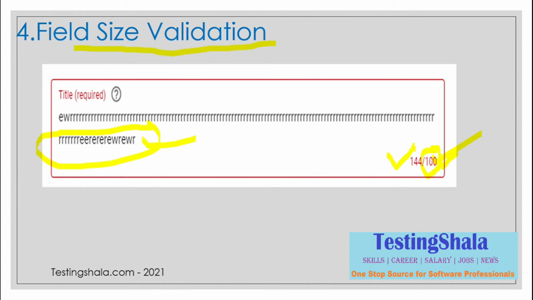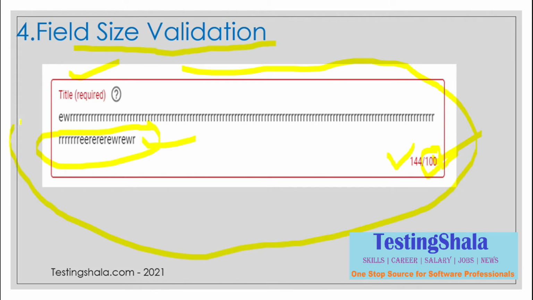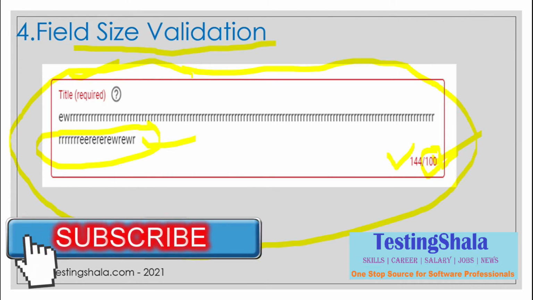Based on your requirement, you should validate whether you should give an error message, or highlight, or limit the data accepted in this field up to 100 characters. That is the field size validation you should make part of your negative test cases.